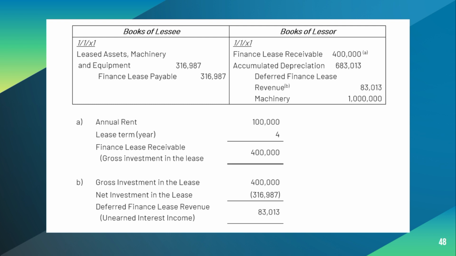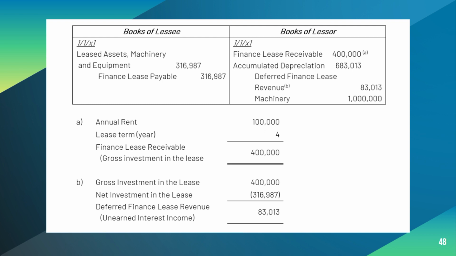In the books of the lessor, the entry would be debit to finance lease receivable amounting to 400,000, and it was computed by multiplying the annual rent and the lease term, 100,000 times 4, which is equal to 400,000, and debit to accumulated depreciation amounting to 683,013, and credit to deferred finance lease revenue, which is equal to 83,013.